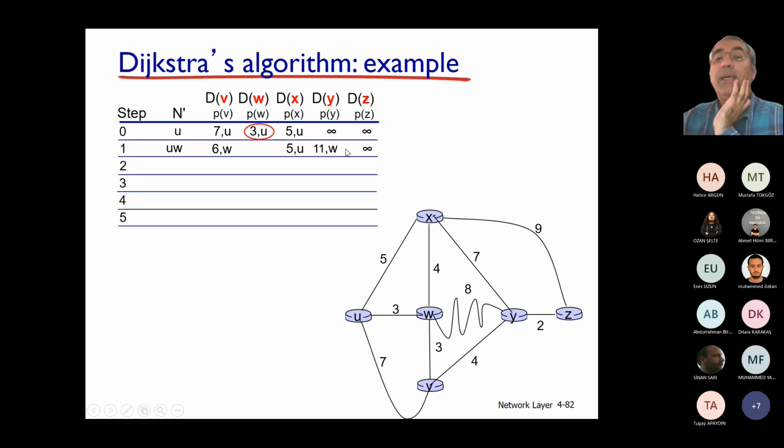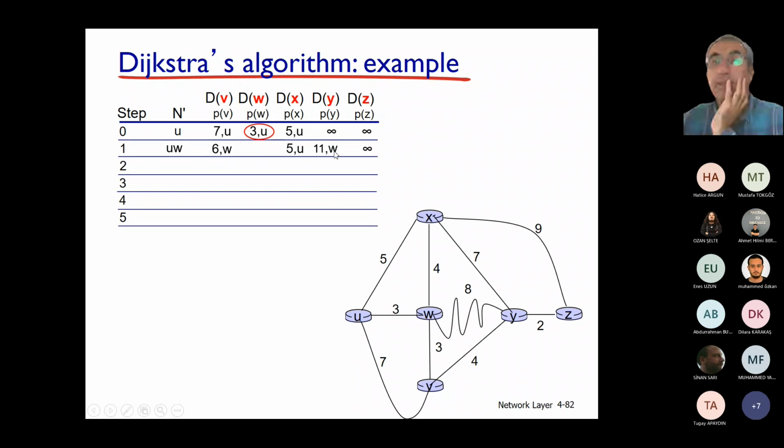And then for the y, we can reach it only one way now, because it's through w, which is 3 plus 8 equal to 11, and the predecessor node, we reach the y through the w.